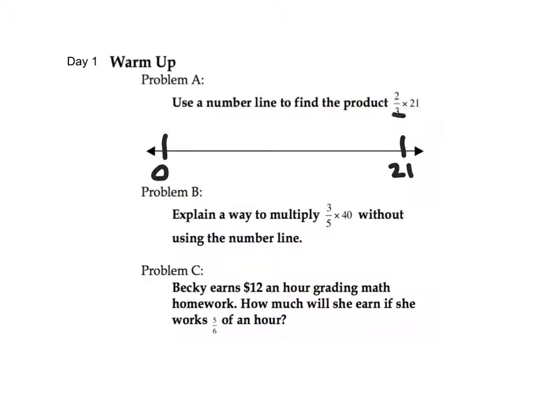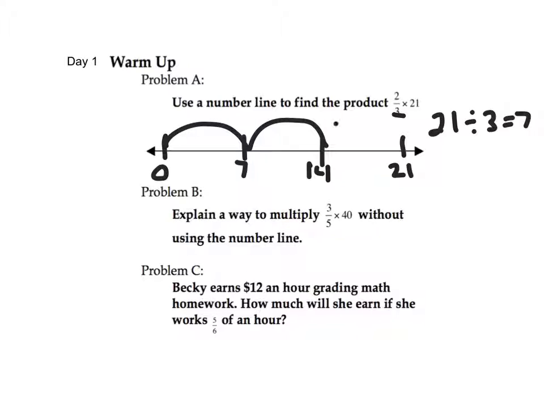Since our denominator is 3, I'm going to section it into 3 places. And since 21 divided by 3 is 7, I know that each piece is worth 7. So this becomes 7, 14, and 21. Since it's 2/3, our answer would be 14.